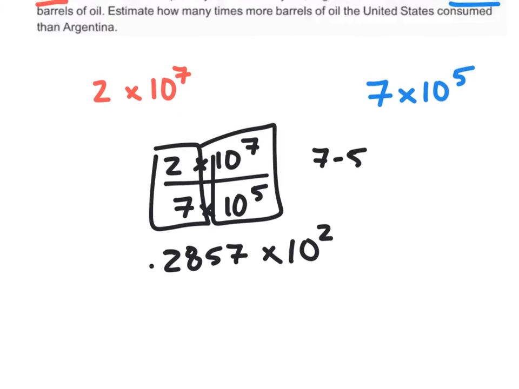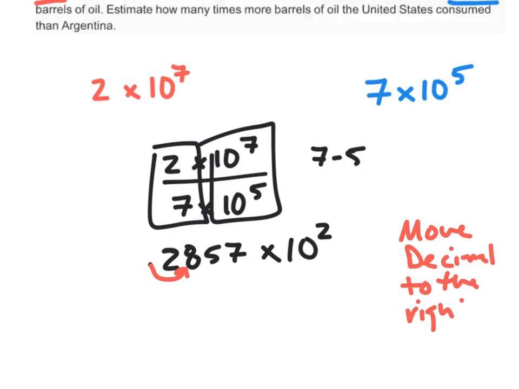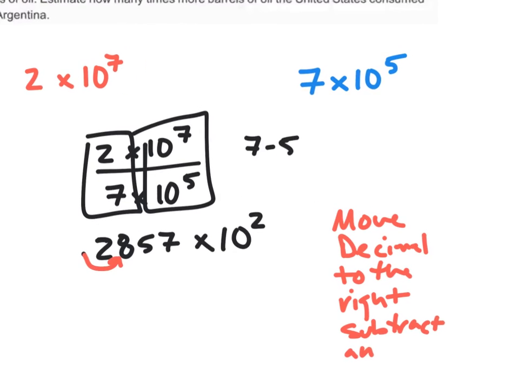And then what I'd want to do here, if I move the decimal to the right, okay, I subtract a number from the exponent.